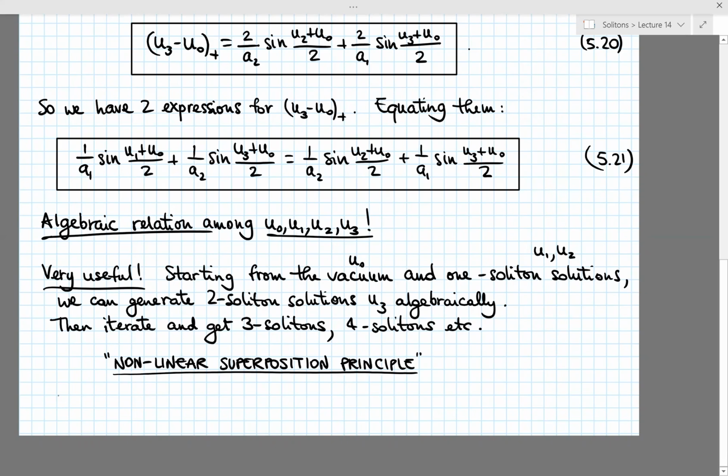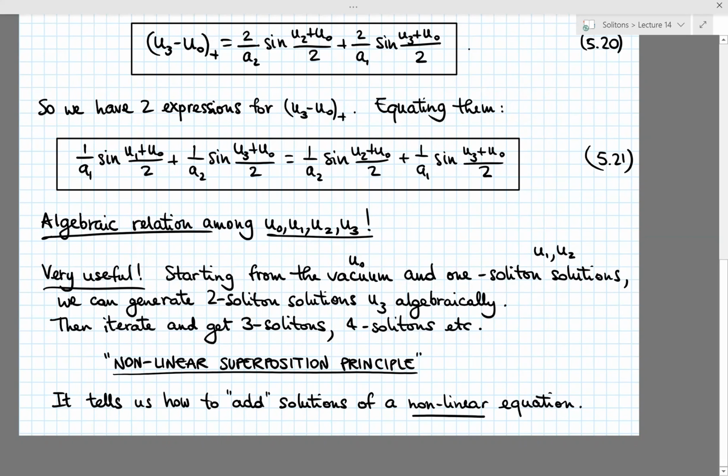Namely, a machinery that tells us how to add, and here I have add in quotes because we don't literally add the solutions, but tells us how to add solutions of a nonlinear equation for which the standard superposition principle doesn't hold. But we can use equation 5.21 to produce a new solution with extra solitons.